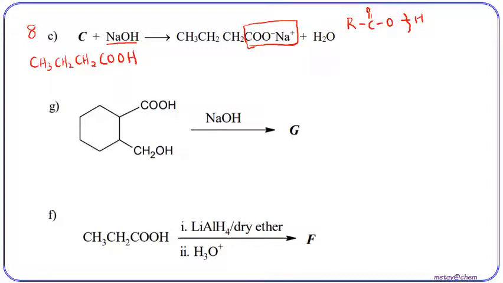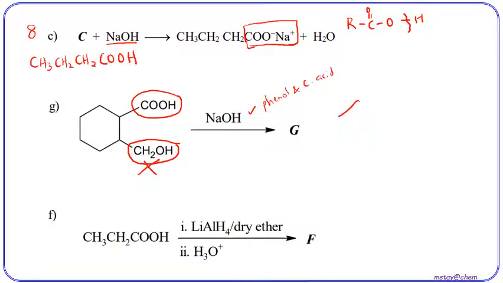Okay. So for question G, we can see there is NaOH, and then this is a carboxyl group, and this is a primary alcohol. If you still remember, based on the table above, NaOH can react with phenol and also carboxylic acid. Therefore, this is alcohol, so no reaction at this part.